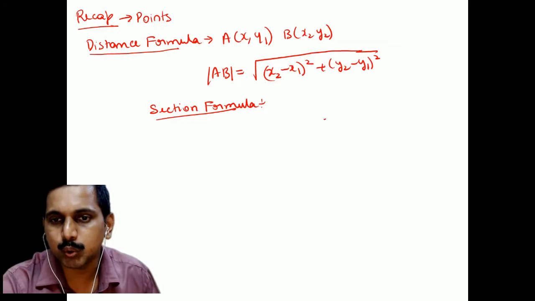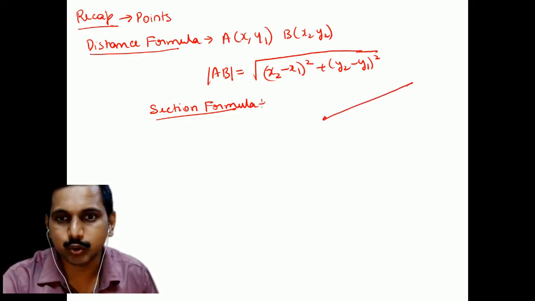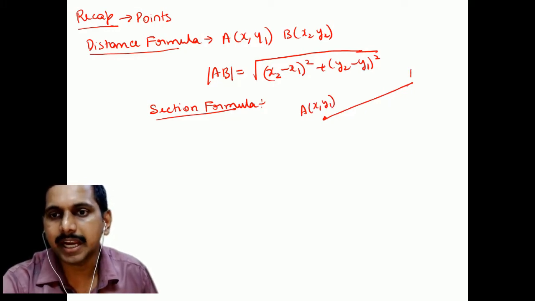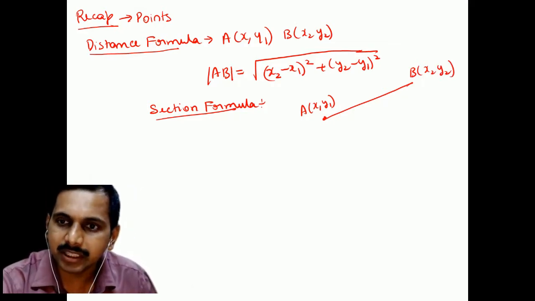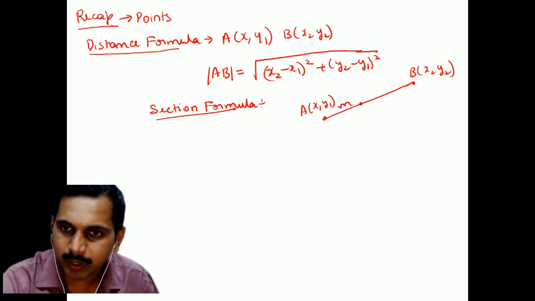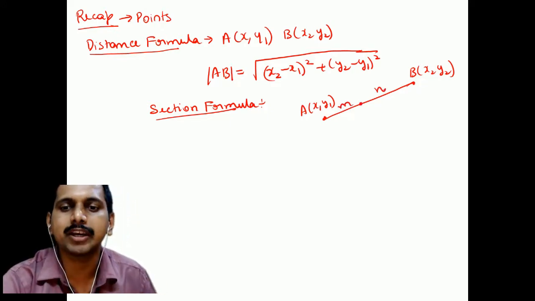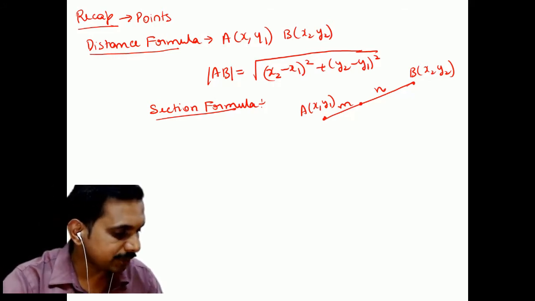If I have a line connecting two points, A (x1, y1) and B (x2, y2), and we cut it by another point in the ratio m is to n, that is similar to having a dryness fraction in the case of wet steam, correct?